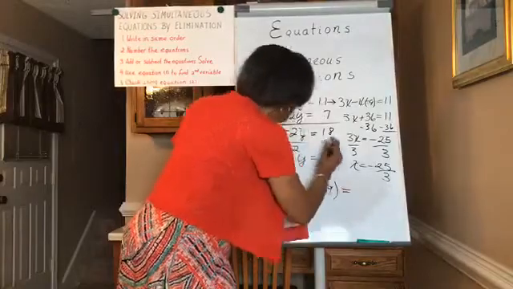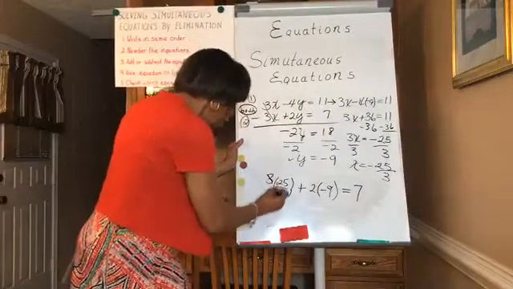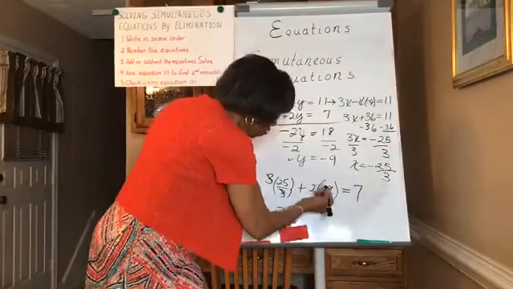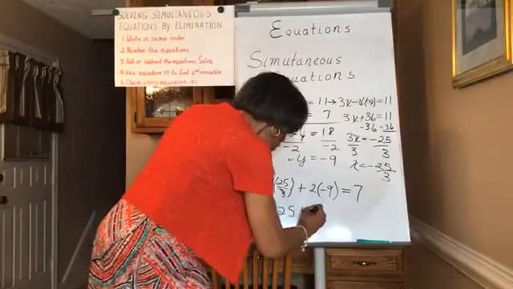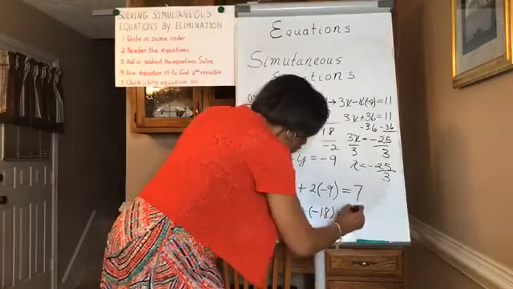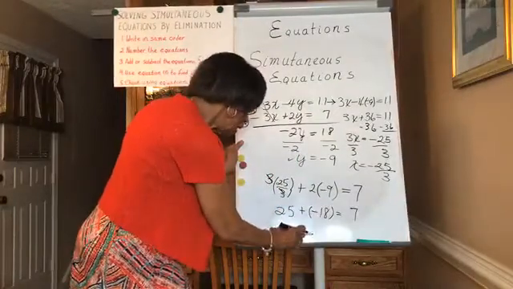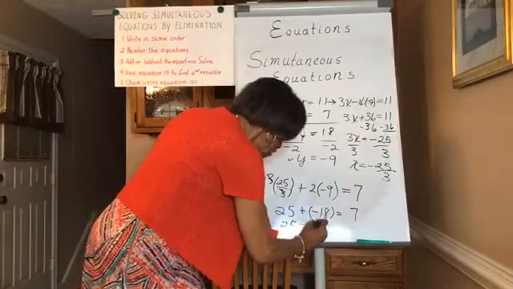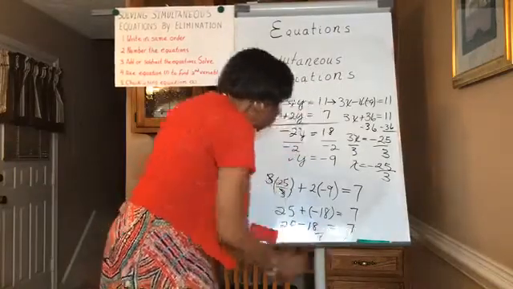That should equal what? 7. And let's see. So we have 25. And 2 times negative 9 is 18. So 25 plus negative 18 equals 7, and it is correct.